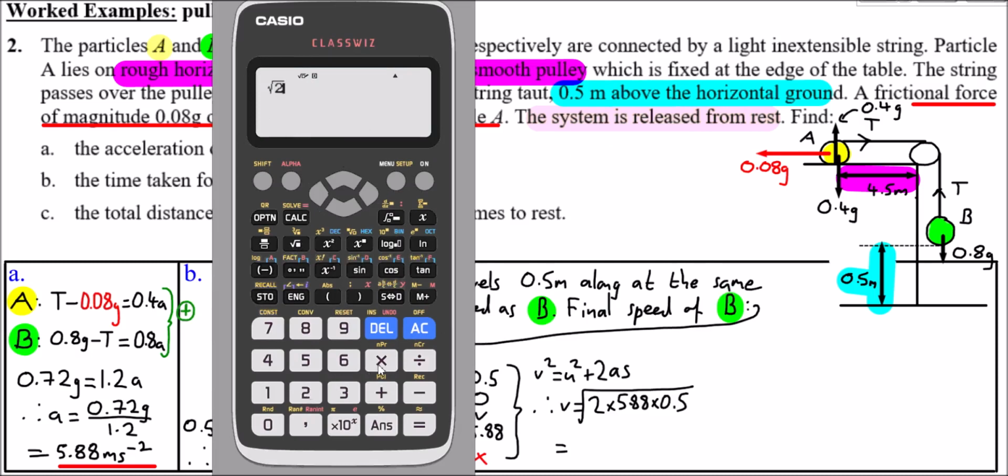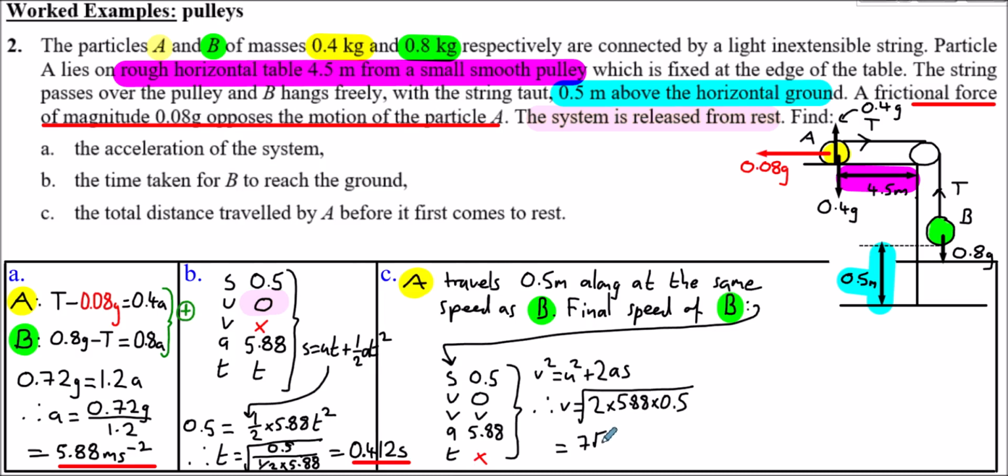So square root of 2 multiplied by 5.88 multiplied by 0.5. We're going to get a value of approximately, well, I'll leave it exact actually so we don't have to round, 7 root 3 over 5. So when A's already travelled 0.5 metres, it will have a speed of this.